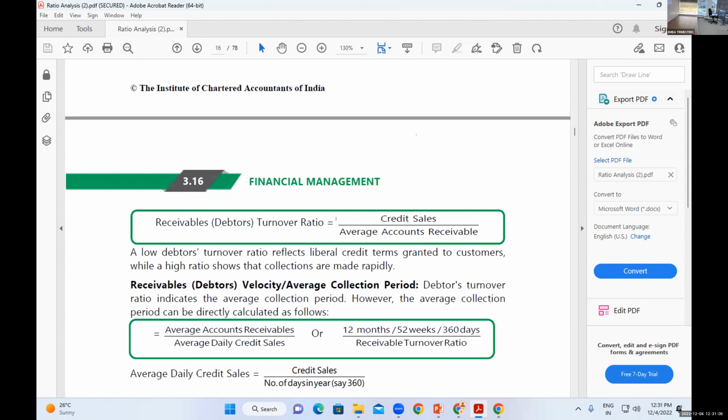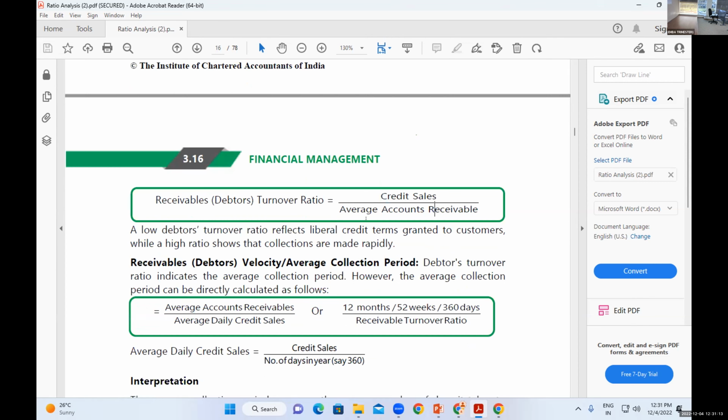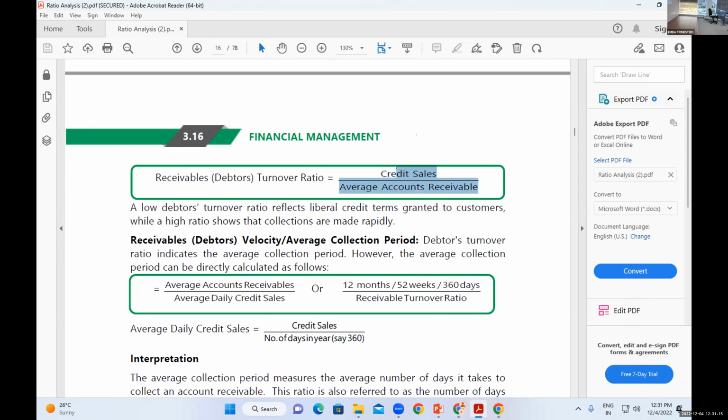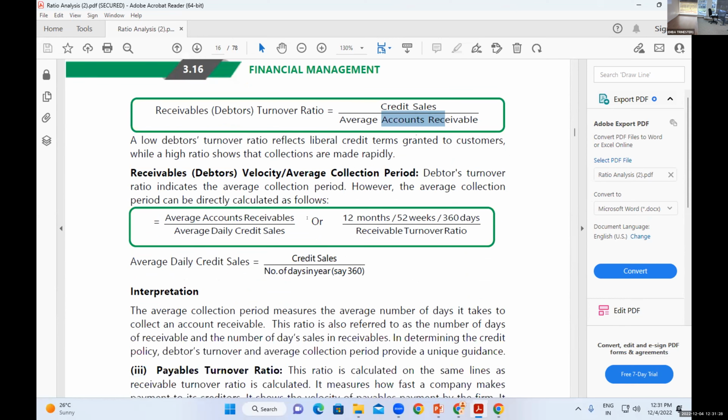Accounts receivable means sundry debtors, bills receivable, all together. Is it clear? Only credit sales you have to take. Why are we taking credit sales? Debtor is the result of credit sales only. If you take cash sales, they're just giving and going. That's all.